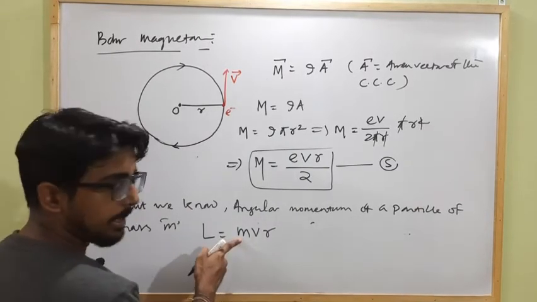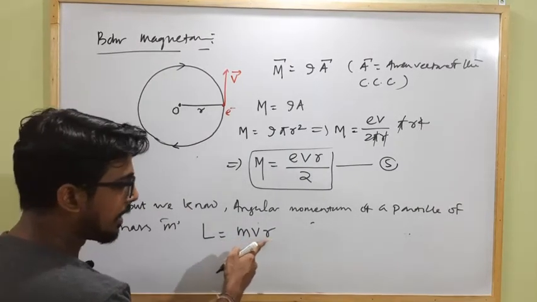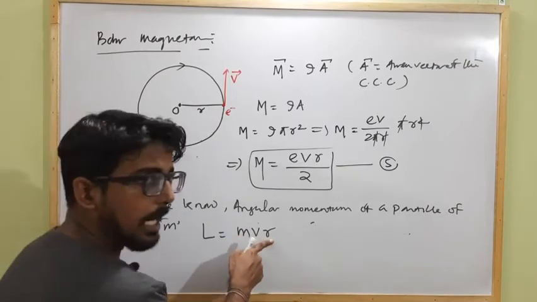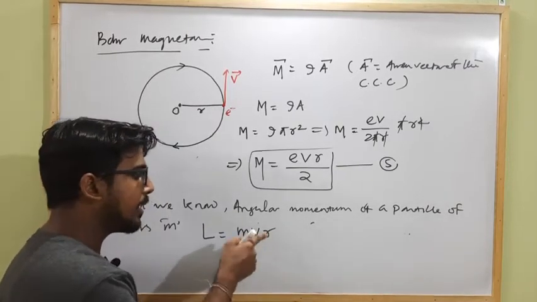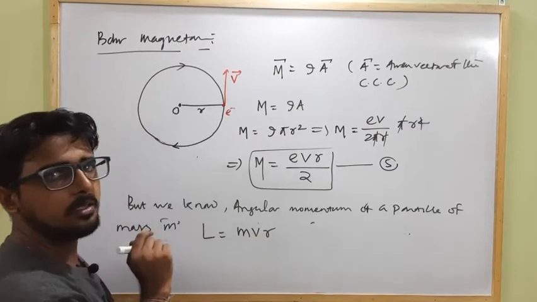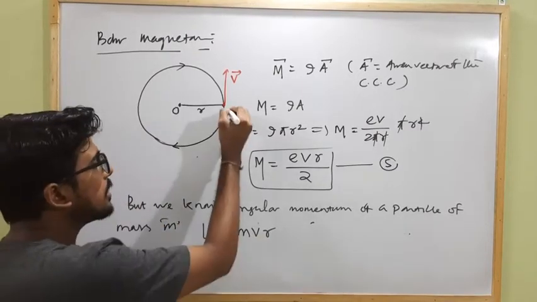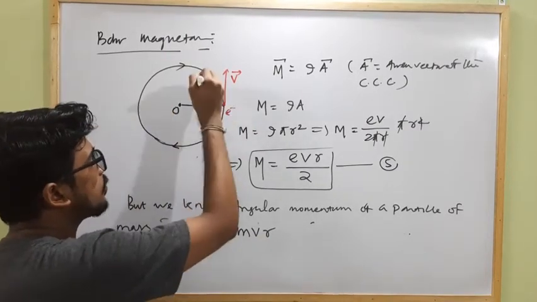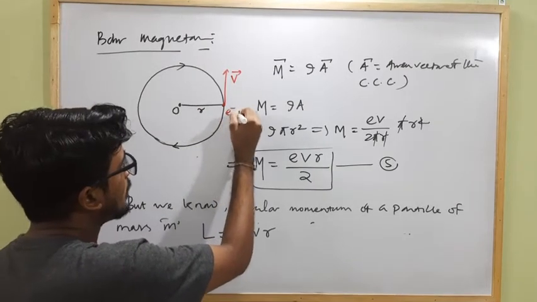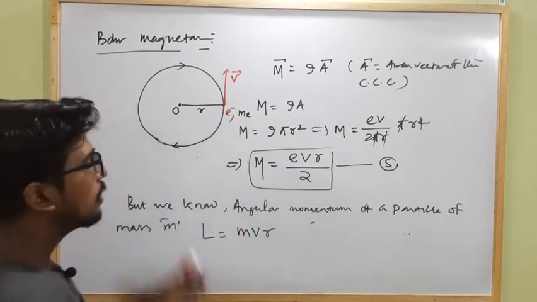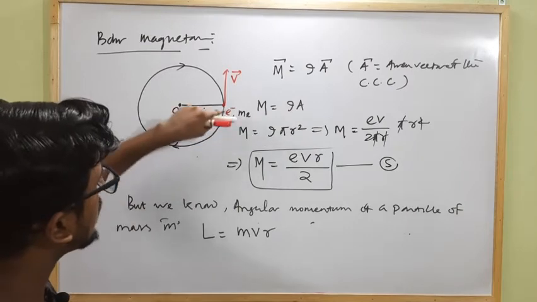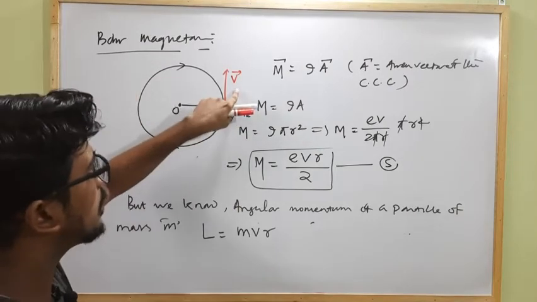What is the mass of the particle? v is the speed of the particle and r is the moment arm about which we are calculating the angular momentum of the particle. So here, as the electron is revolving around a circular path, it has a mass me, the mass of an electron. So this particle of mass me is revolving around a circular path with velocity v.